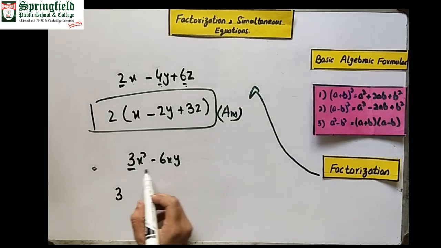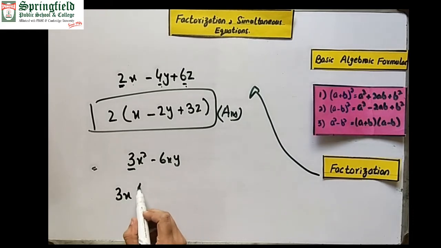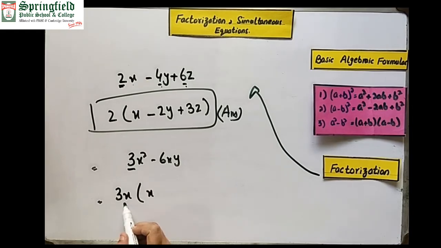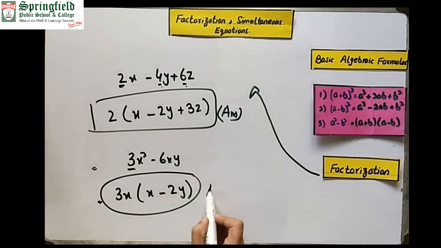Both algebraic terms have the x variable. So we can take the x common from both terms, just a single x will be left inside the bracket, minus 3 2s are 6y. Further we cannot take any common, so this is your final answer.